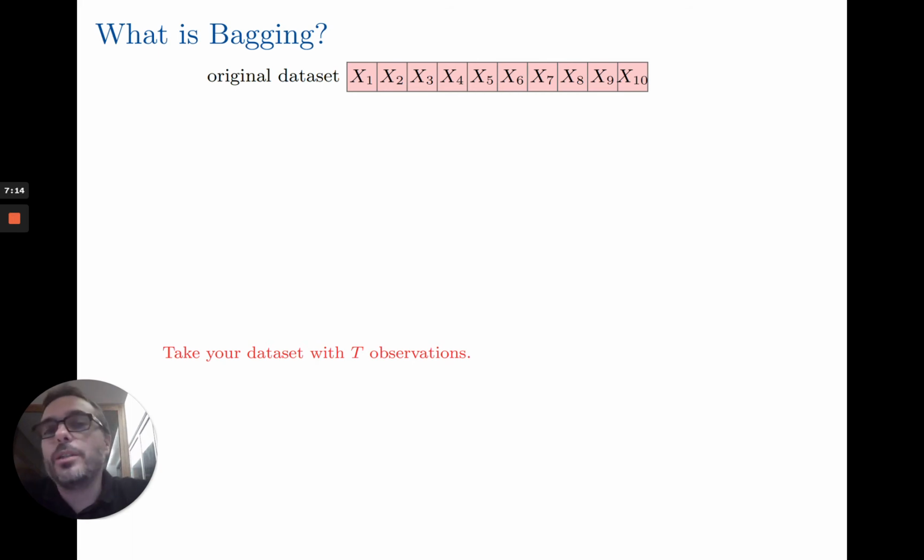What I'm going to do is sample with replacement to construct another sample with the same number of observations, T observations. But it's important to sample with replacement, because if we sample without replacement, we are going to end up with the same sample, just reshuffling the observations. So that's why it's important to sample with replacement.